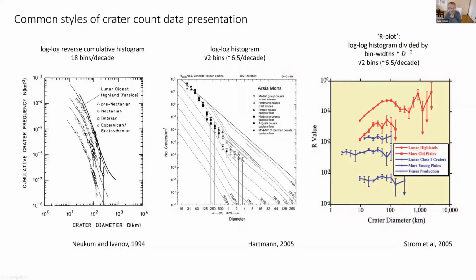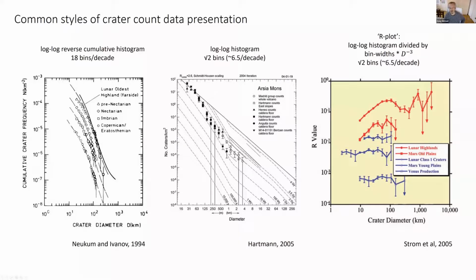And as I mentioned before, in this plot, you plot the number of craters larger than the given diameter against the diameter, both on a log scale. And as the surface becomes older, the density of craters moves upwards on the scale. So these different lines you see represent different ages of surface.